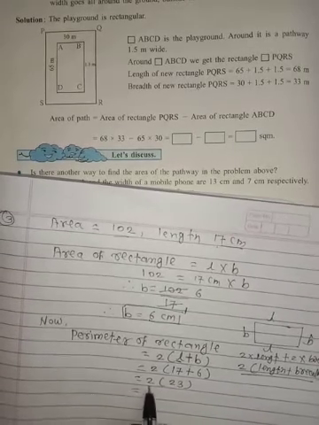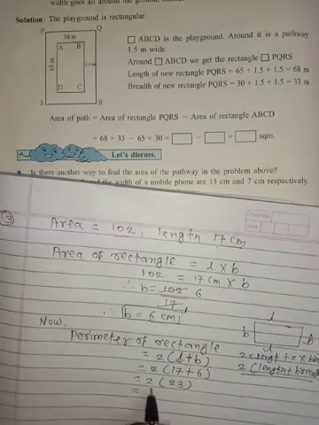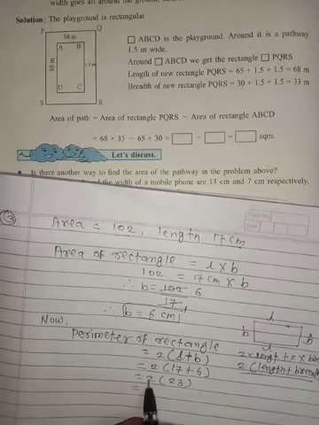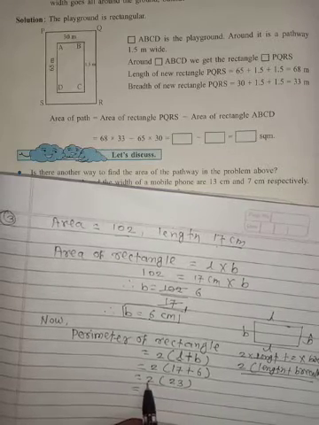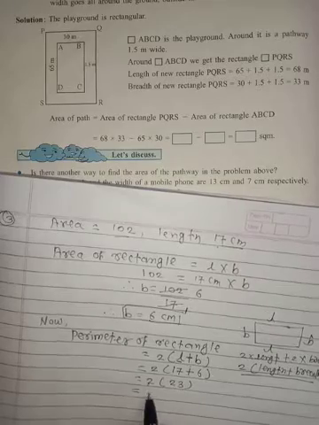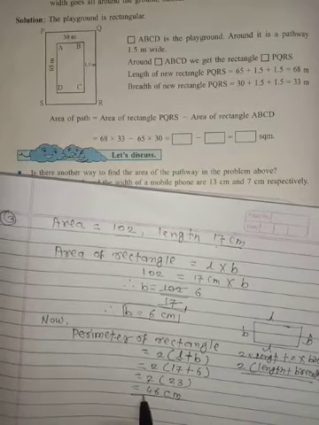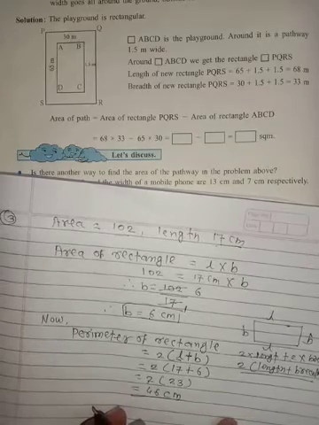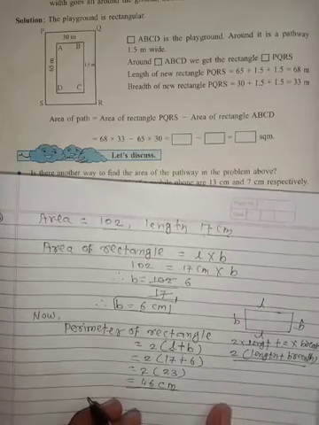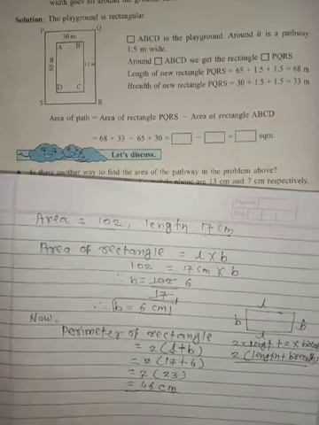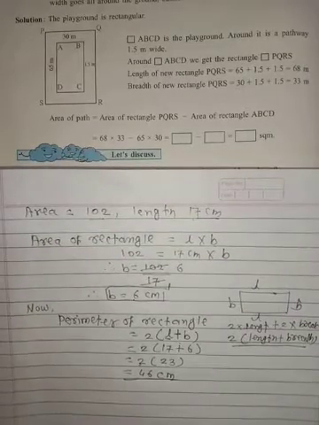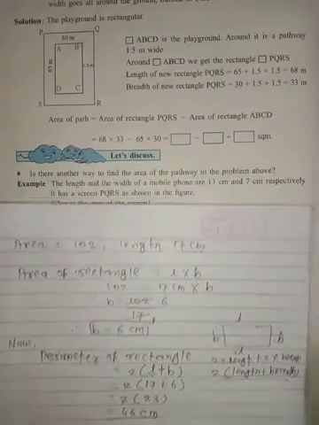Now 2 multiplied by, brackets means multiplication, so let's multiply 23 by 2, so it is 46 centimeter. This is the answer. Okay, hope you understand. Now let's solve the last question.